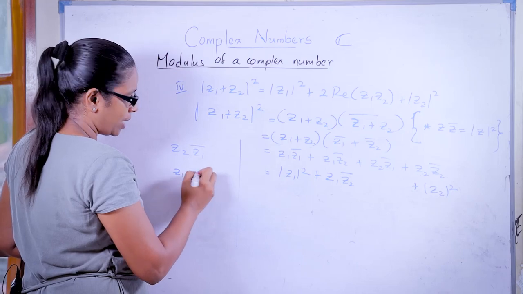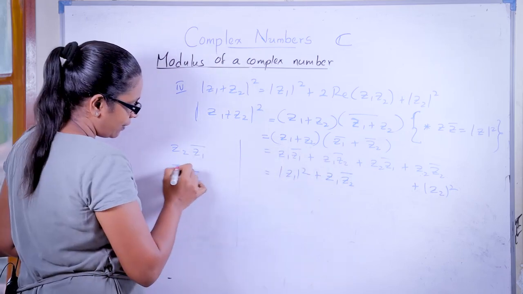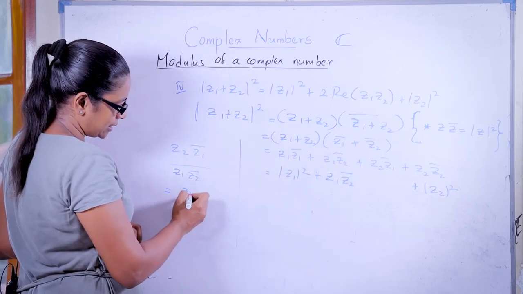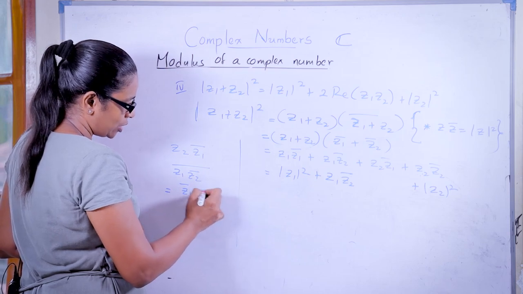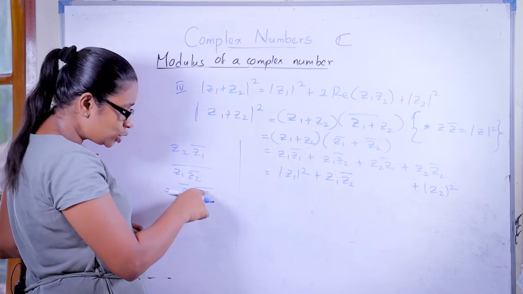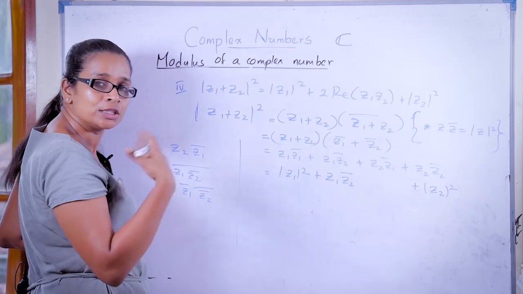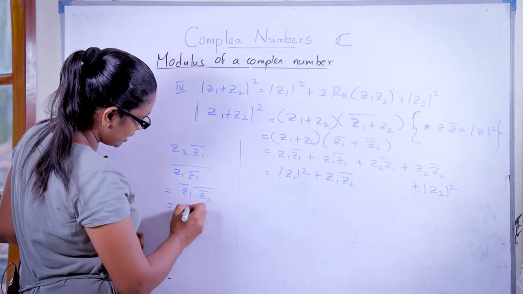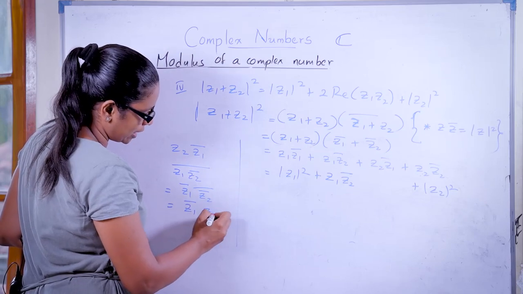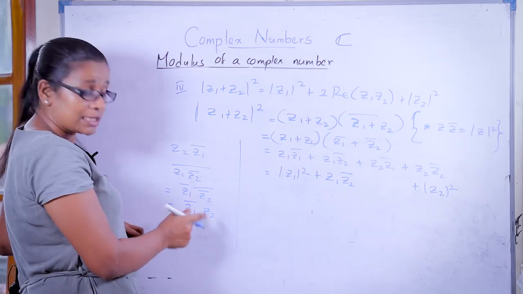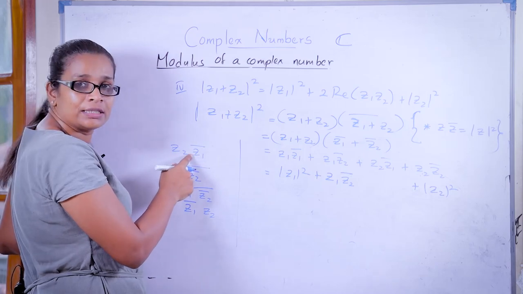Z1 Z2 bar is the term here. If I get the conjugate of this, it is equal to Z1 bar Z2 bar bar. Conjugate of a conjugate means you will get the complex number back. So this is Z1 bar into Z2. Look at this one. The same term you will find here.